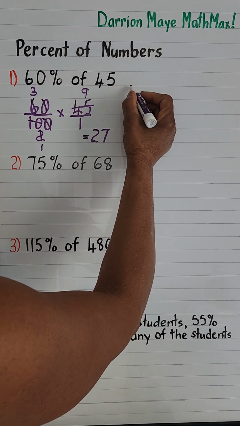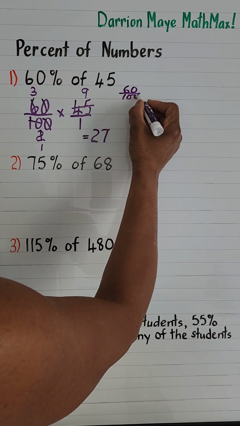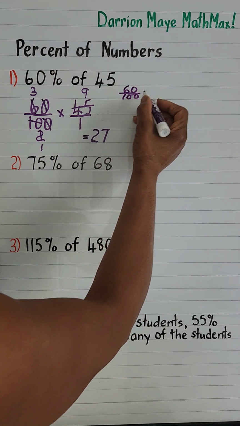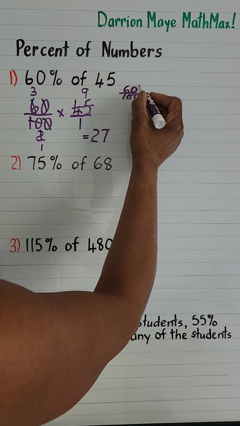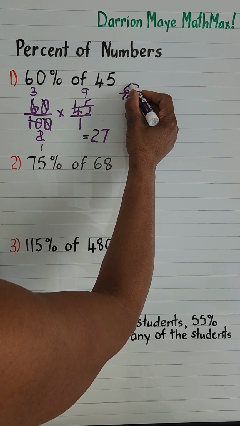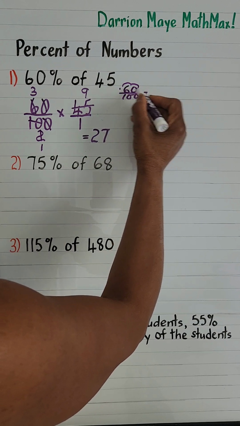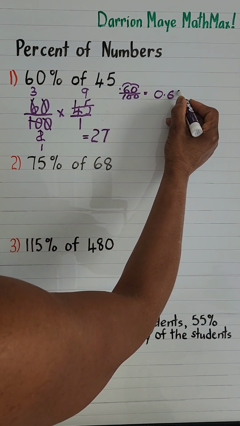So let's look at that. 60% means per 100, 60 over 100. And that means divide. We're going to move the point 2 places to the left. 1, 2. And that is how we end up with 0.60.